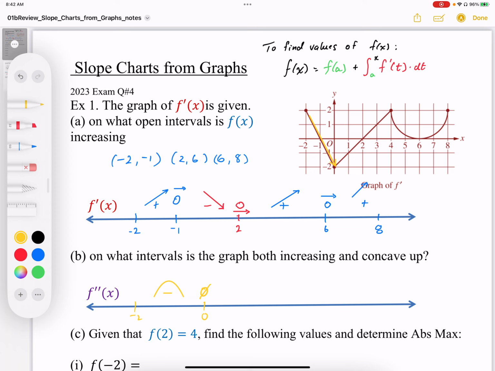And then from 0 to 4, we know that it is sloping up, or the second derivative is positive. That means we have a positive concavity in there, all the way to 4. And again, there's no second derivative defined at 4 because of that kink in the graph.